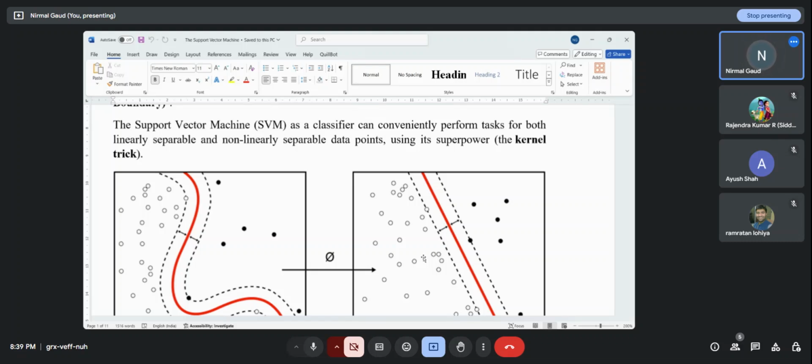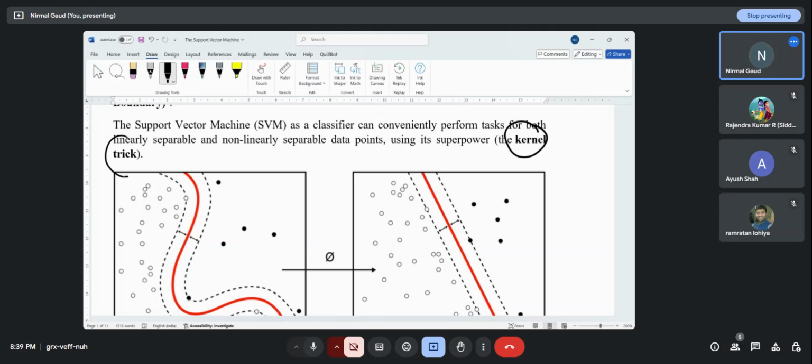In classification also, I told you, in complex scenarios where data points are not linearly separable, in that particular case support vector machine performs the kernel trick, and it projects the data into a higher dimension so that it can classify it easily. That's the trick it applies.